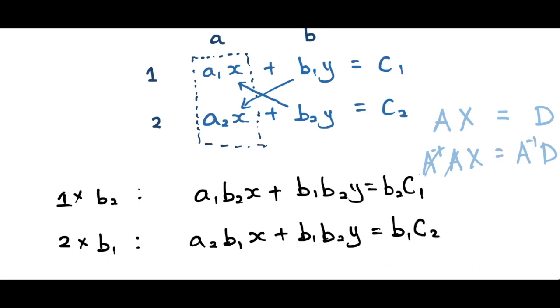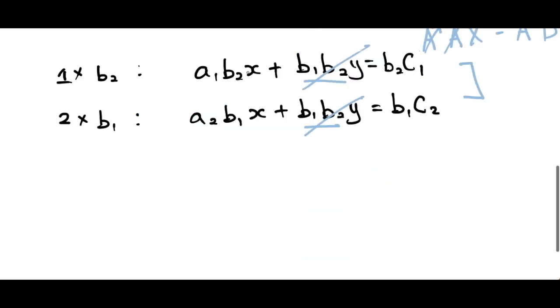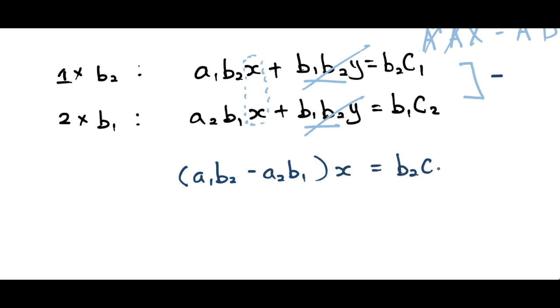Now you see this is very similar to the elimination method. With b1 b2 y in both, I can use the third equation subtract the fourth equation. Therefore, these terms cancel. It's a common x, so factorize the x: a1 b2 subtract a2 b1, times x, equals b2 c1 subtract b1 c2.